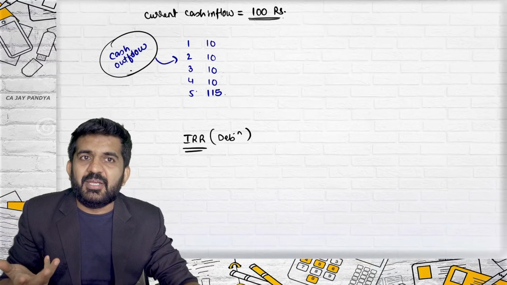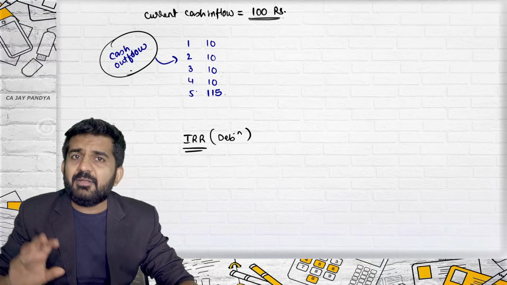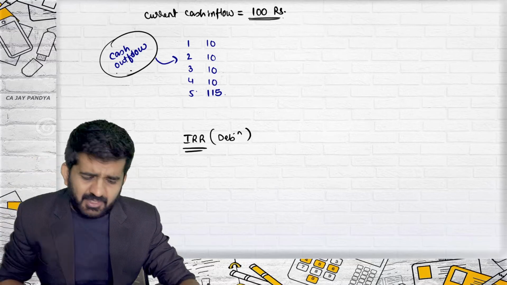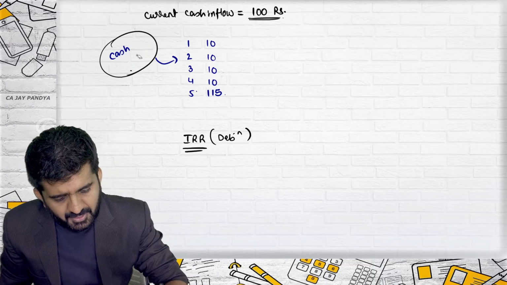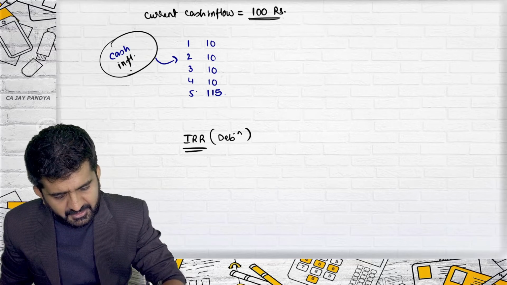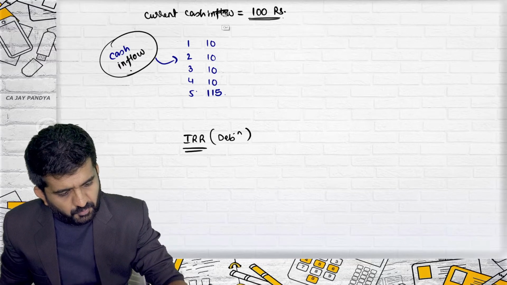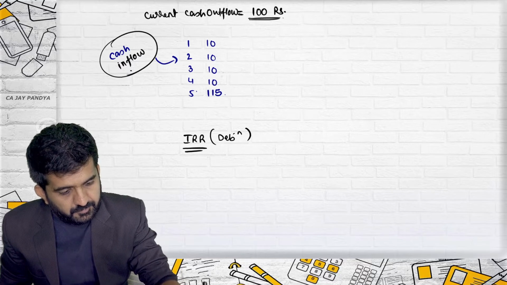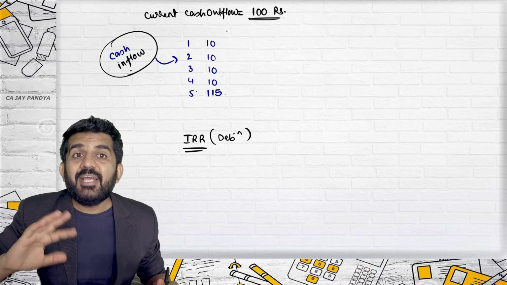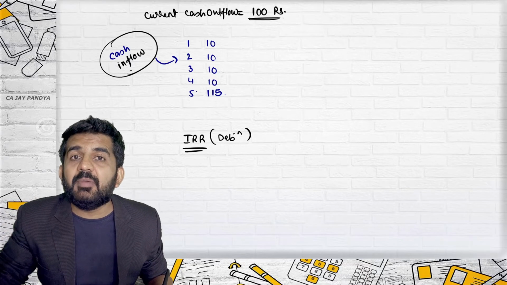For the company, it is outflow. Let me do it from the point of view of the investor. Even if we do it from the point of view of the company, the answer is going to remain the same. But we have done this as inflow, so let me take it as inflow. And this as outflow. Vice versa, if you take it, it does not make any difference.